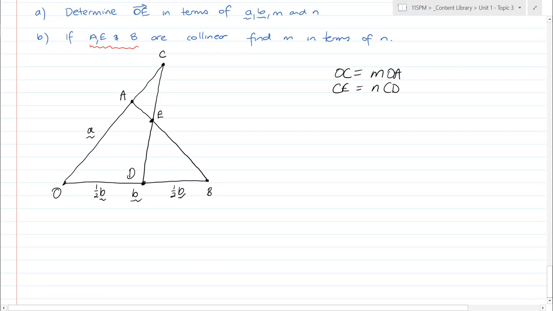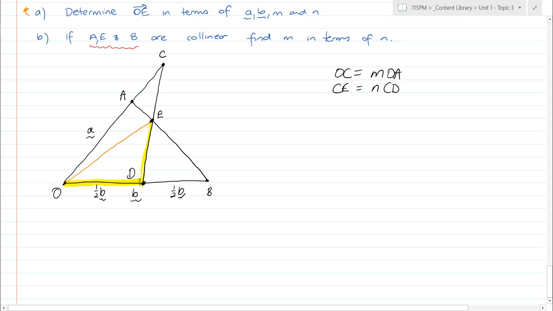Now, question A says, determine OE in terms of A, B, M, and N. So that's OE. So I'm just going to put a little thing here. OE is there. The first thing I'm going to do is think about how can I get to OE? So I can get to OE by going, this would be a pretty good way, doing OD and then DE.